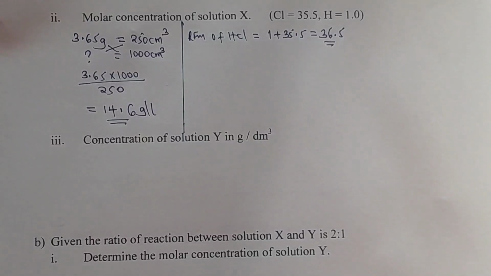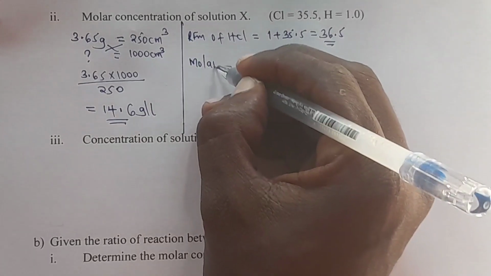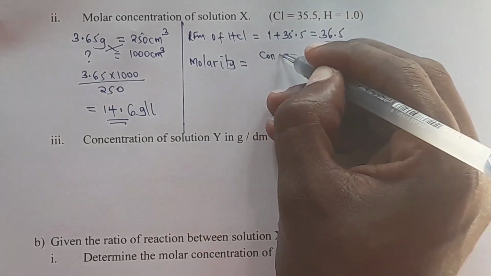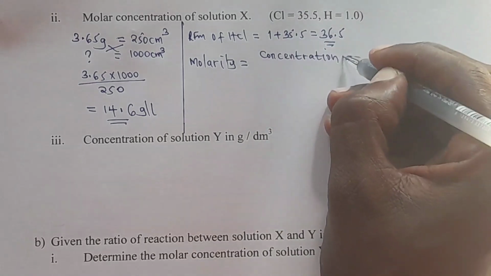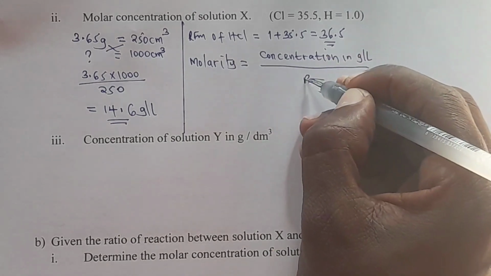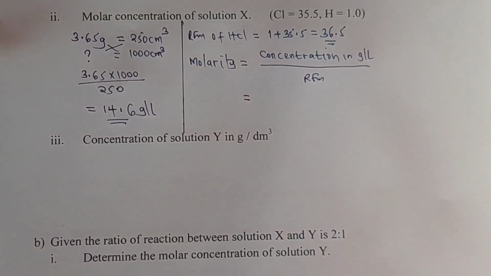Okay, then next, let's look for molarity. What is the formula for calculating molarity? Molarity is given by concentration in grams per liter, or you can say mass in grams per liter, over the RFM. So this will be equal to, what's our concentration in grams per liter?